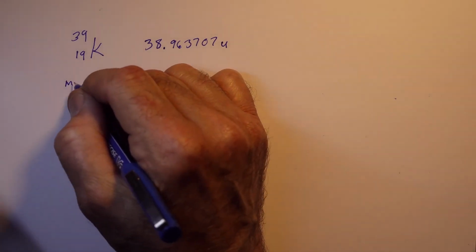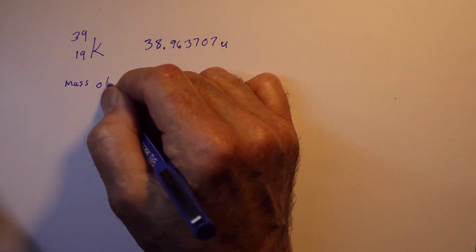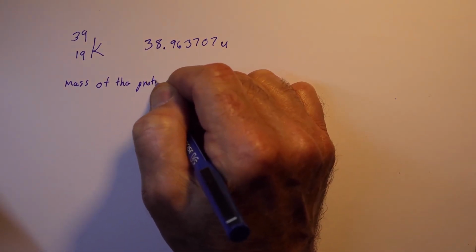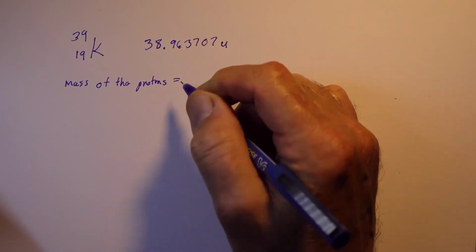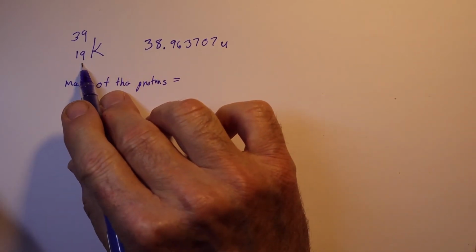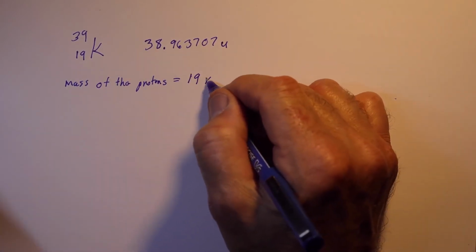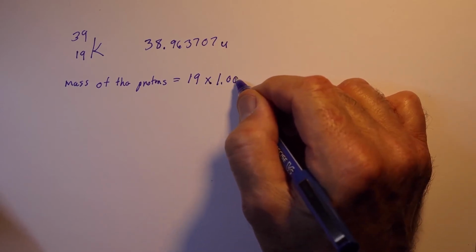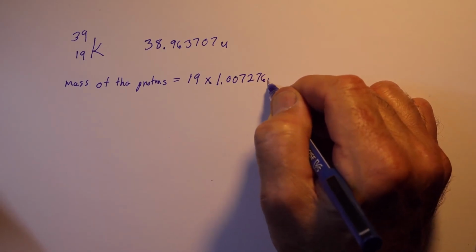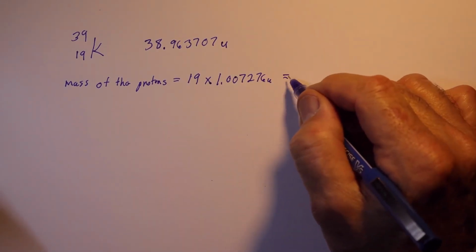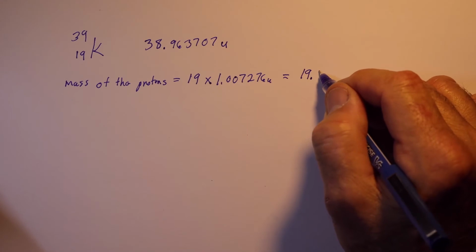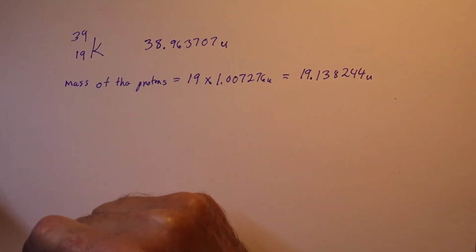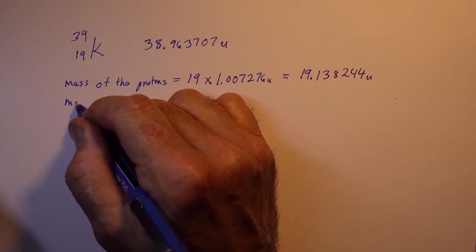The mass of the protons, there's 19 protons times the mass of one proton, which is 1.007276 atomic mass units, is equal to 19.138244 atomic mass units.